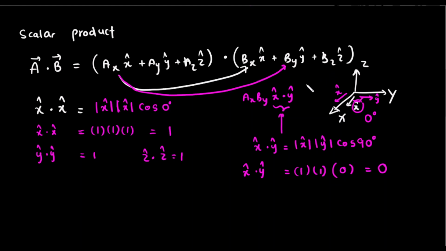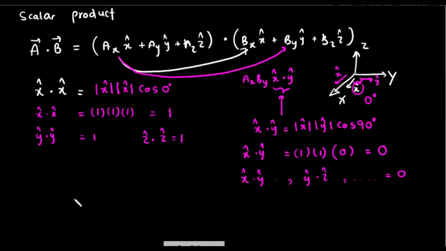I'm not going to expand this expression fully, but we will have terms like x hat dot y hat, and y hat dot z hat. Likewise, we will have similar dot products, and these are going to be 0. Only x hat dot x hat, y hat dot y hat and z hat dot z hat are equal to 1.